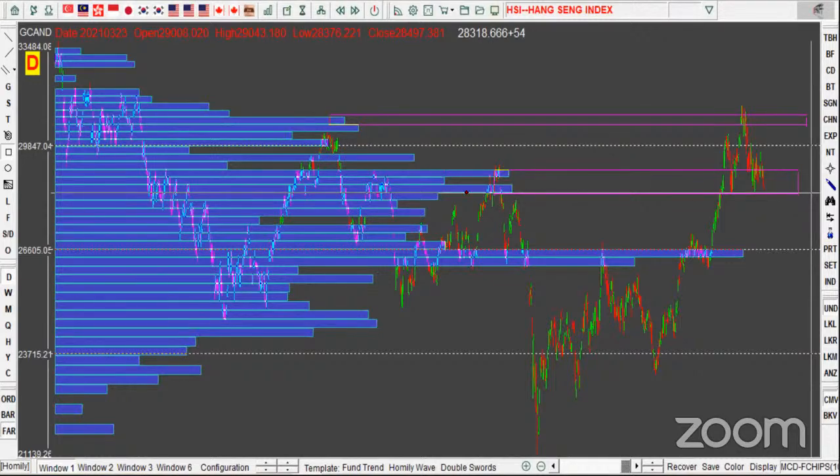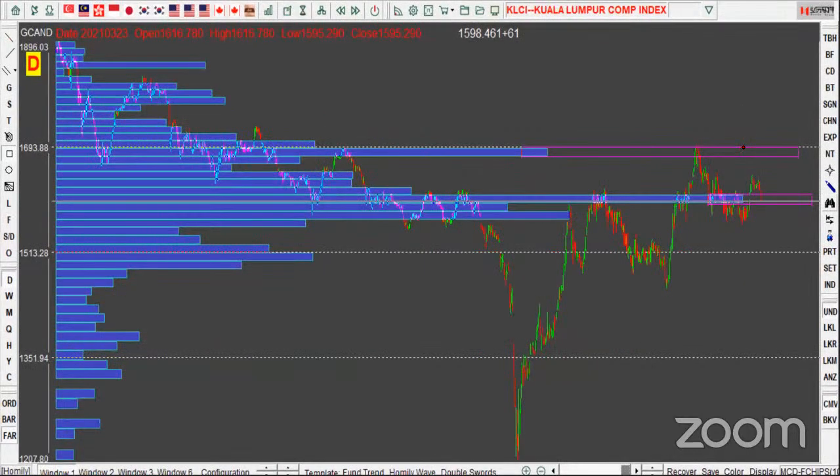The bottom of this relatively long blue bar is around 28,300. So this is very strong support, and the resistance is above the previous high. So currently the Hang Seng Index is in consolidation between the support level and the resistance level. This situation might last for a while.